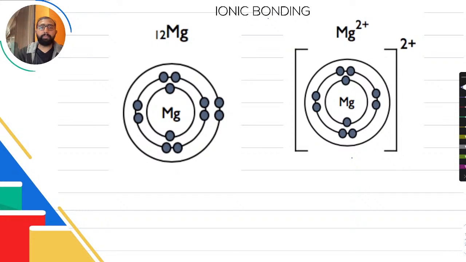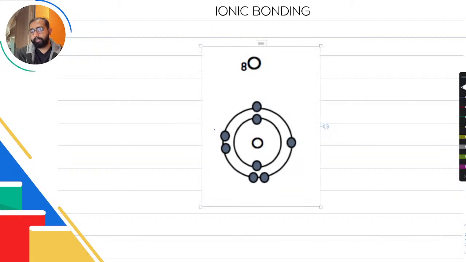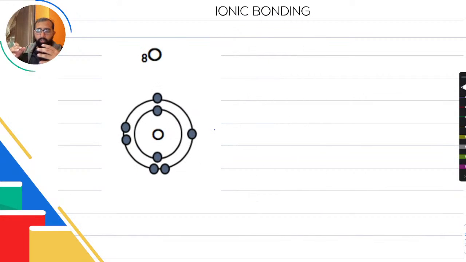Now, a similar thing happens with oxide, that when oxygen gains 2 electrons, its atomic structure changes. So if you look at oxide, then oxygen is like this. It has 2 and 6, that's its configuration, and oxygen has 8 electrons. Again, how many neutrons it has depends on what isotope it is.